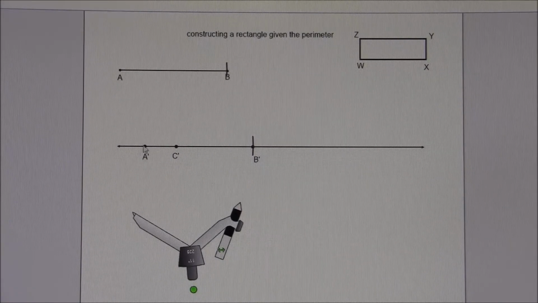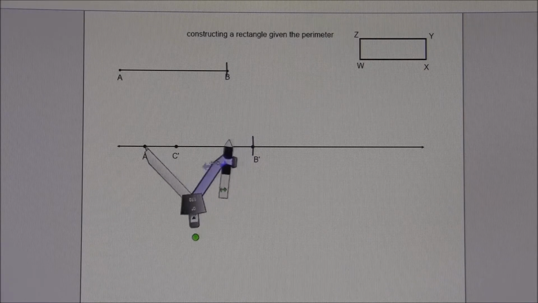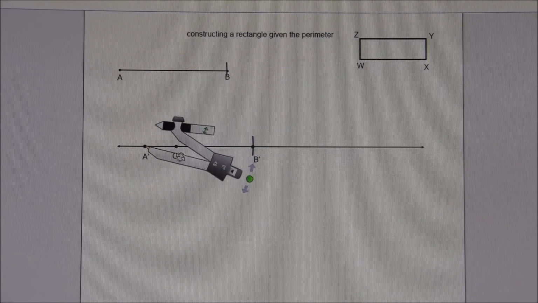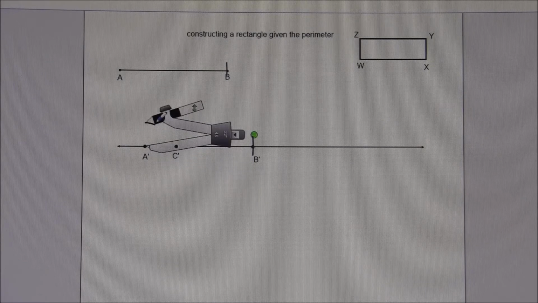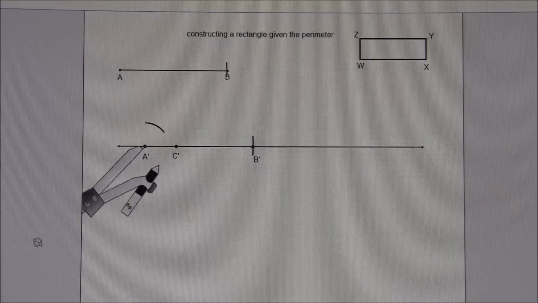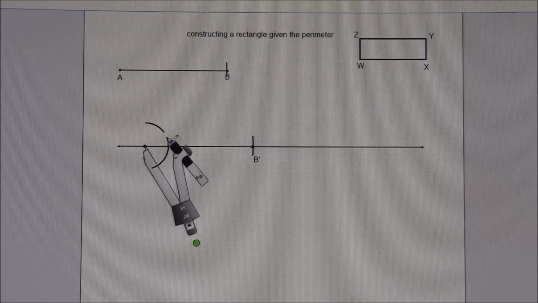So we need to bisect A prime C prime. Alright, so let's take our compass. More than halfway. Top. You know what? I'll make the big arc.